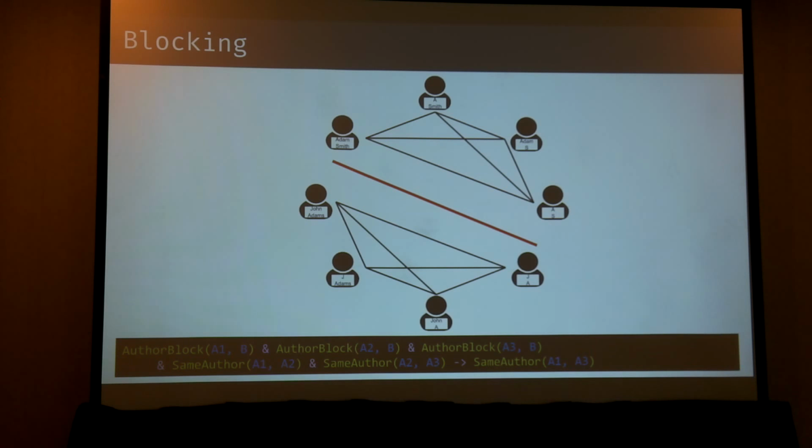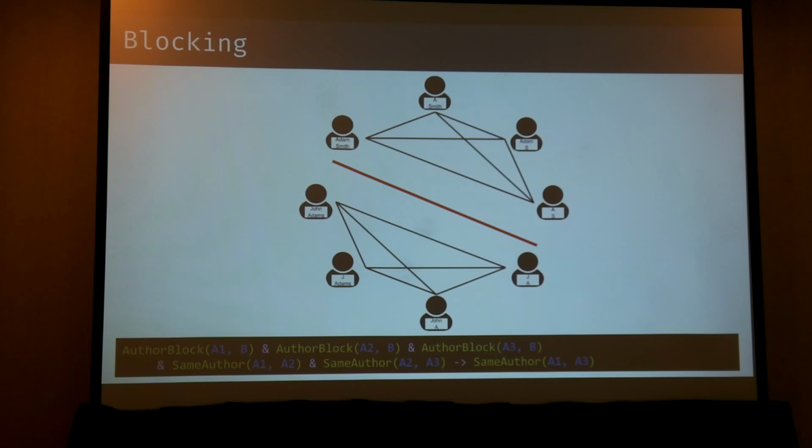What we can do in our rule would look something like this. On the bottom, we have the same transitive rule we've seen before, but on the top, all we do is introduce our blocks. We have this new predicate, author block, and we say A1, author 1, has to be a part of block B. Author 2, A2, also has to be a part of block B. Author 3, A3, also make sure that's part of block B. So when we compute these triangles, we're only looking at this transitive relationship between authors that are in the same block.